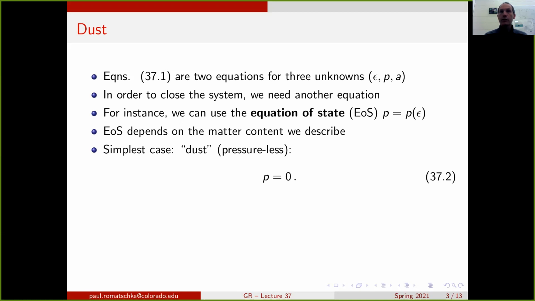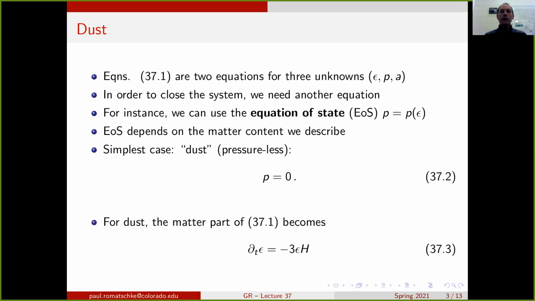But its pressure is much, much less than this. So basically, we can assume the pressure to be essentially zero. For dust, the matter part of the equation simplifies tremendously, and we just get an equation that looks like this, 37.3.